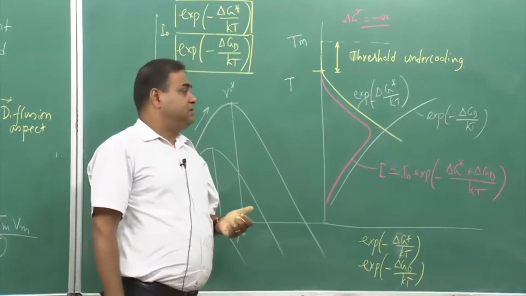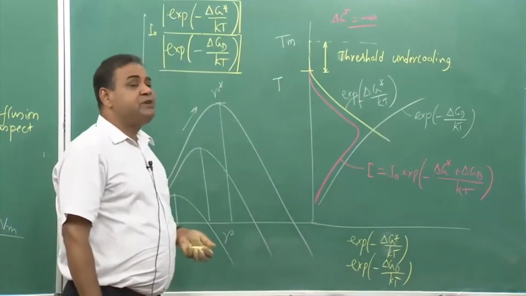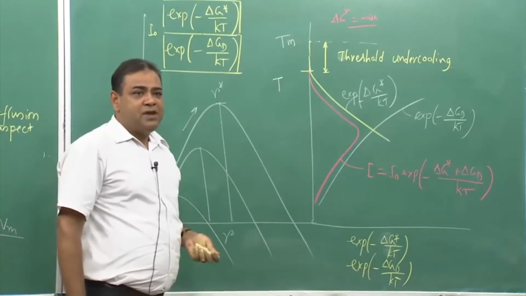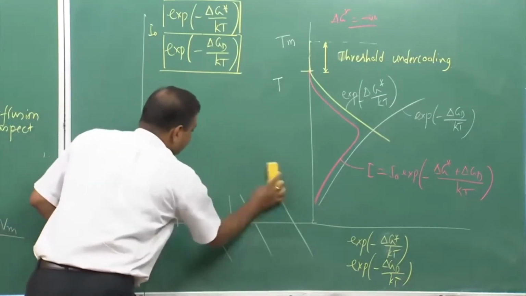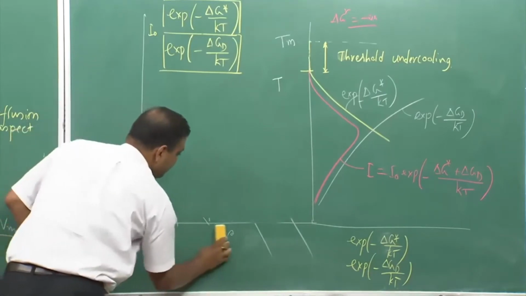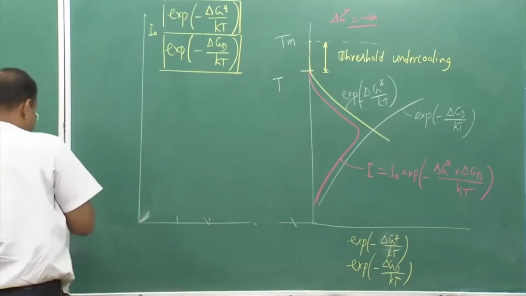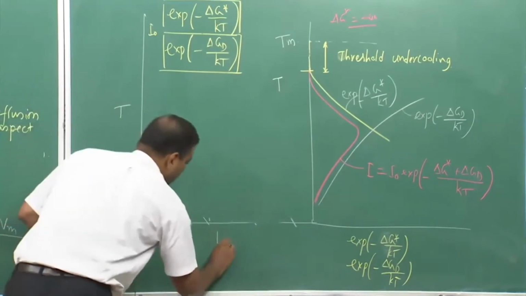So until this volume free energy term exceeds the value of the surface free energy term, nucleation is not possible. We see this when we solidify a pure metal and look at the cooling curve of a liquid metal. The cooling curve is nothing but a temperature-time plot.